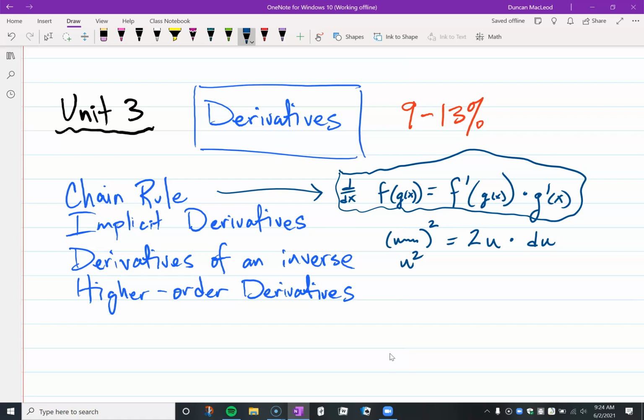They often are going to have property questions for you, where they might give you a table that says f of 2, f prime of 2, g of 2, g prime of 2, and then they'll ask you to find the derivative of f of g of 2. And you're going to have to use the chain rule to do that with this notation. So it's not bad to know this.